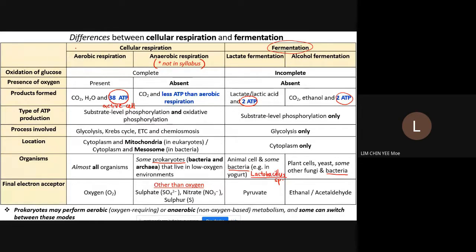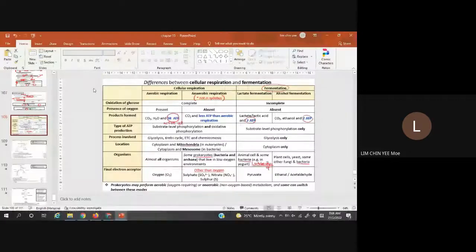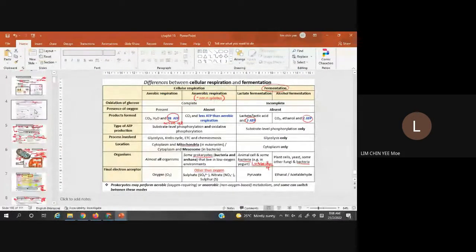Aerobic respiration, how many ATP produced in the active cell? 38 ATP. So when making the comparison, you don't need to say 38 net or 2 net. Just 38 and 2 ATP. Okay?